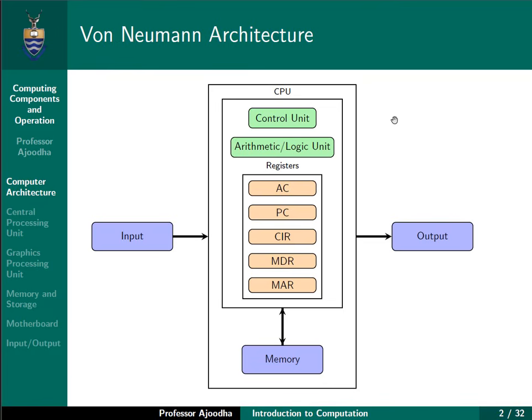The main principle behind the von Neumann architecture is that a computer can store instructions and data in a single read-write memory. So you can see the instructions as well as the data for which the instructions concern is stored within this bottom blue block called memory.